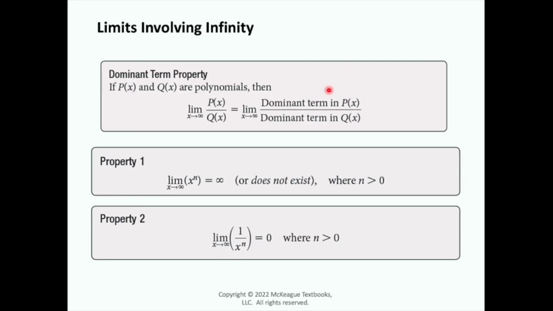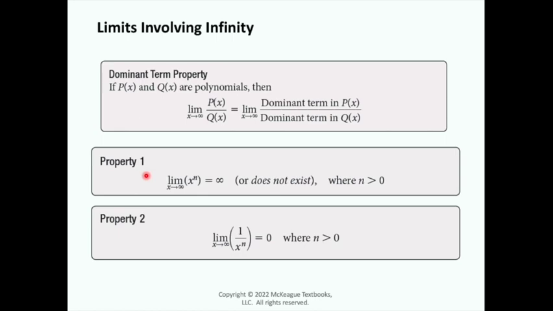As the variable gets really big or really small, it's like looking at which part of the equation has the most significant impact on the overall behavior of the function as you approach a specific value. So the dominant term is going to help us understand where the function is headed when you look long term to the right or to the left.